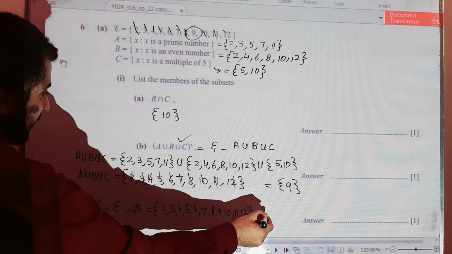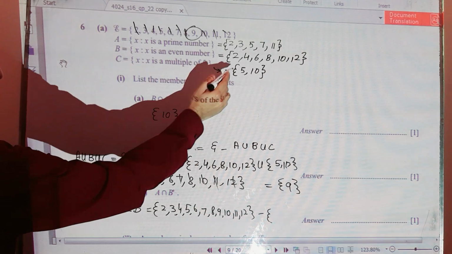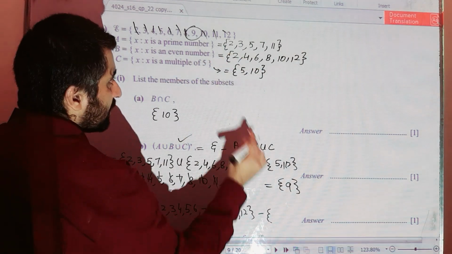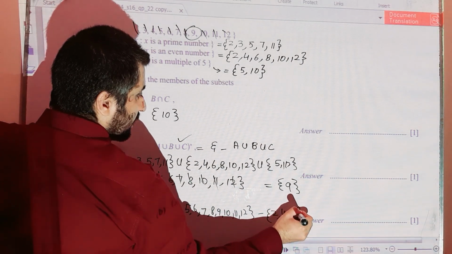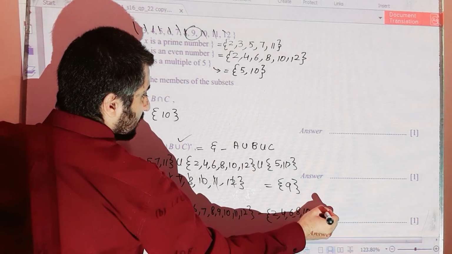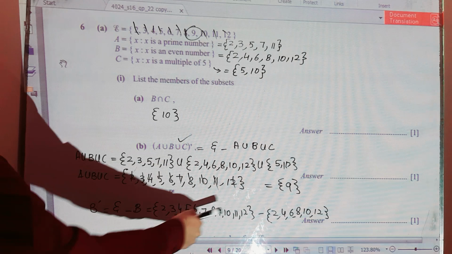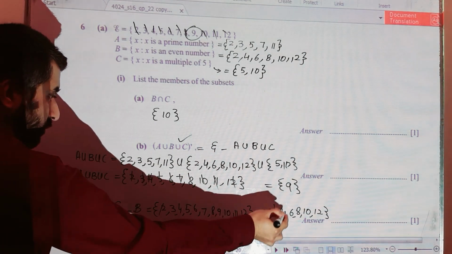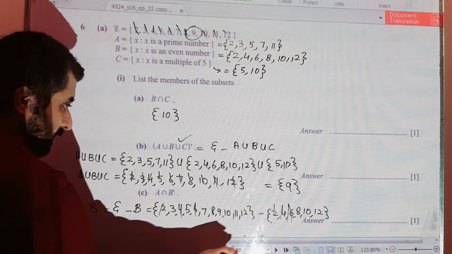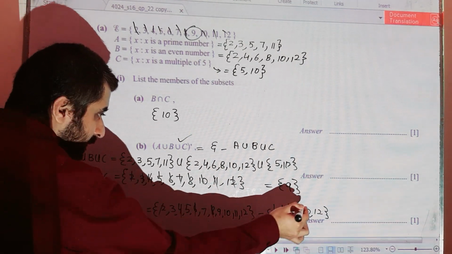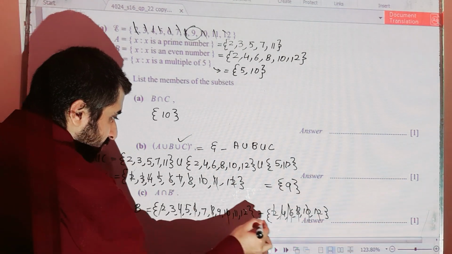Universal set minus the elements of B. This is B, right? 2, 4, 6, 8, 10, 12. Now cancel the same elements: 2, 4, 6, 8, 10, 12.